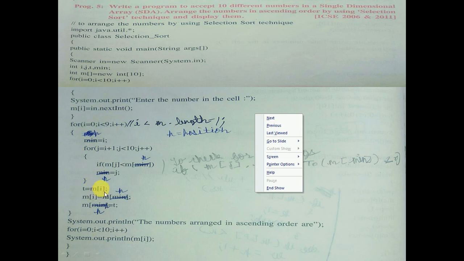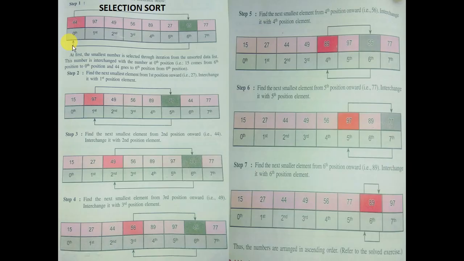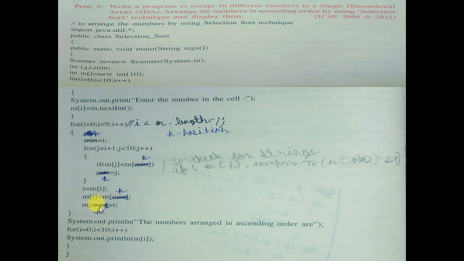First, the 0 position value I am copying in the temporary location. Then in the 0 position, I am bringing the smallest position value. In the smallest position, I am copying the first value because that is there in t now. That's the logic here. Now, once this is shifted to the temporary, this has come over here, then this is shifted over here. That is the reason a temporary variable is required.